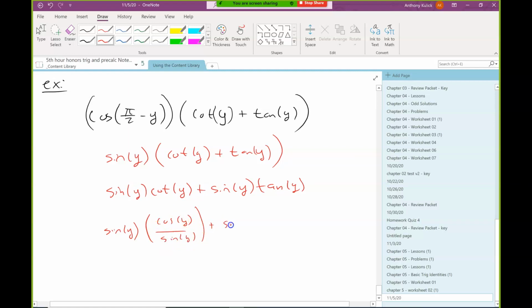So what we did here, it seems like it might have made it worse, right? In general, though, this is a decent idea, to turn everything in terms of sines and cosines, because it makes combining things much easier once we've done that. And usually good things eventually can happen. It's usually easier to work with everything in terms of sines and cosines than having some of these quotient or reciprocal functions going on.